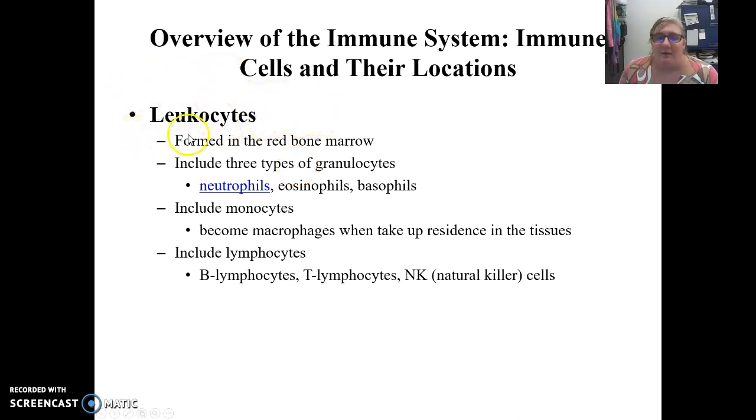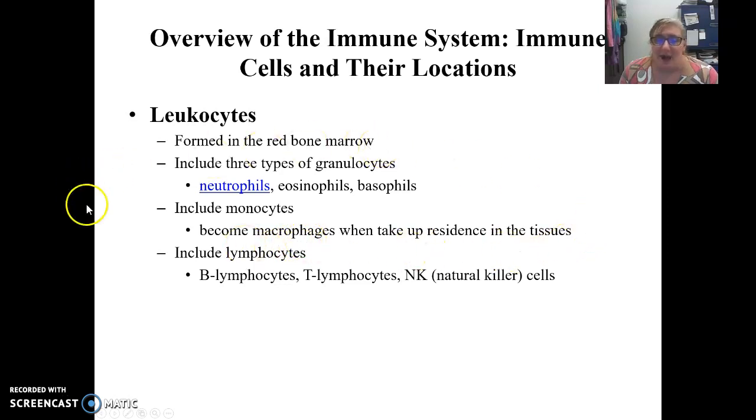We talk about not just the specific immune system, we also talk about non-specific defenses that our body has. We have a lot of white blood cells that we talked about in Chapter 18, including neutrophils, eosinophils, and basophils. These are our granulocytes, and then our monocytes, which are agranulocytes.